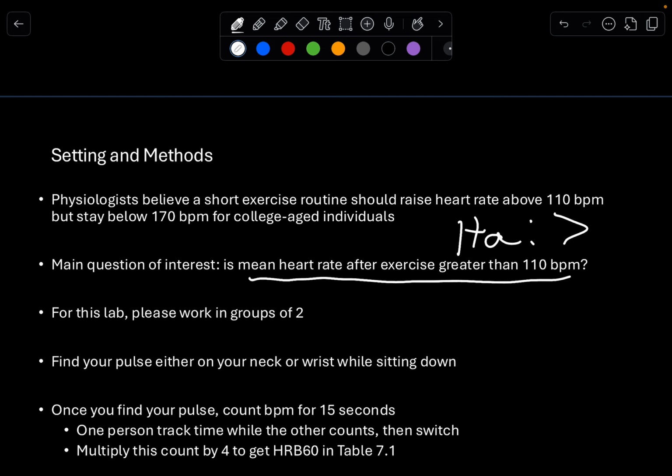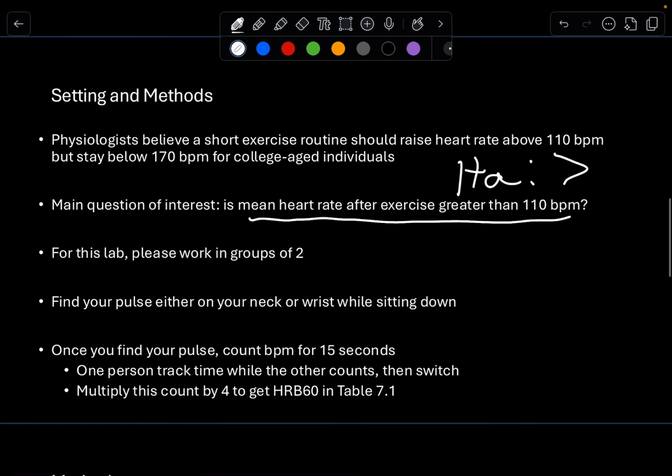First, everyone needs to find your pulse either on your neck or your wrist while sitting down just at rest. Once you find your pulse, count the number of heartbeats for 15 seconds. Multiply this count by 4 to get your beats per minute.